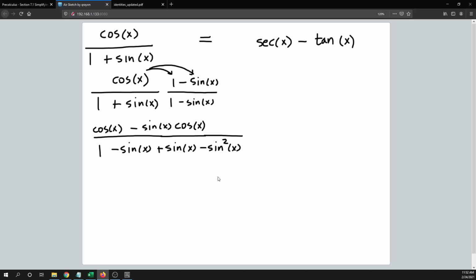All right, next up is to do some simplifying. On the top part of the fraction, there's really no simplifying that I want to do. I just want to leave it like it is for the time being. But on the bottom part of this fraction, there are definitely some things I want to do.